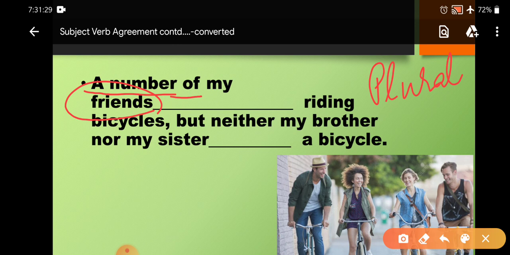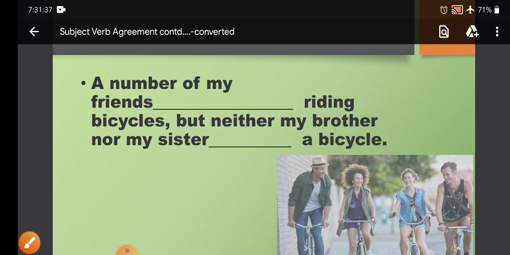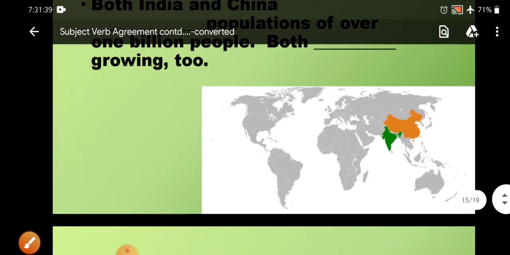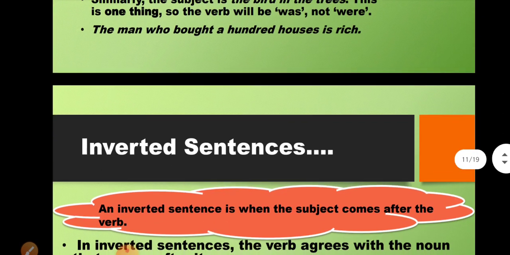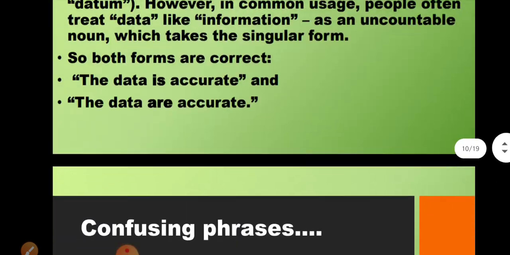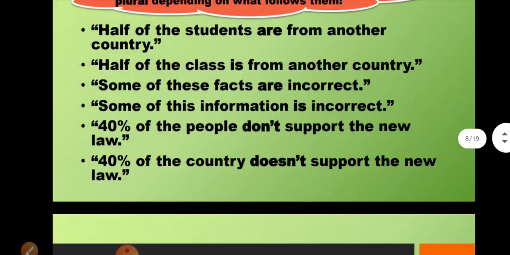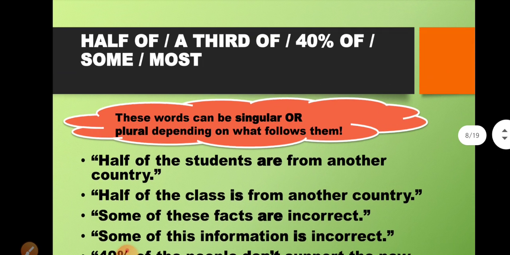I should go back to the slide and then show you again when we talk about a number of, several, both of, and all these. We just discussed before. Let us just go back to that.